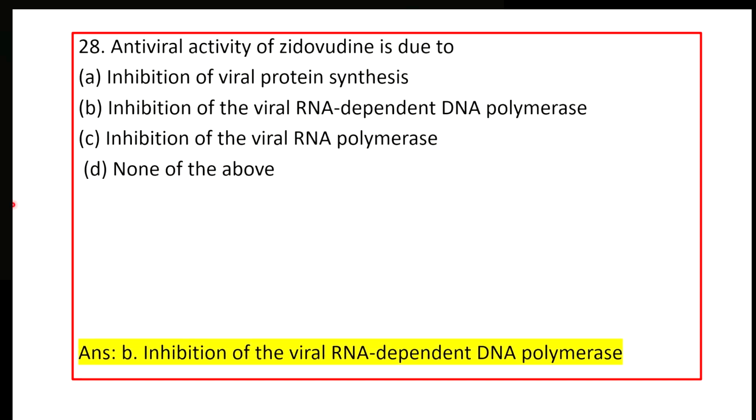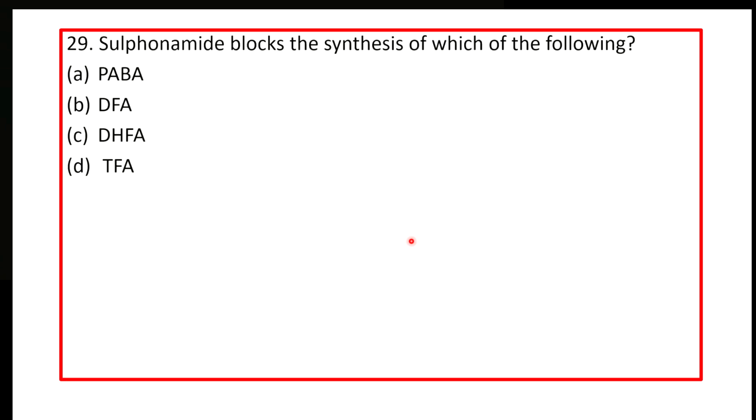The answer is B, RNA dependent DNA polymerase. Like we saw two questions before, the mechanism of rifampicin is DNA dependent RNA polymerase. Now go to the next question.